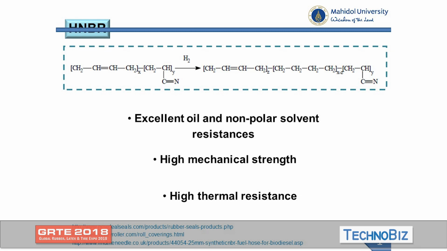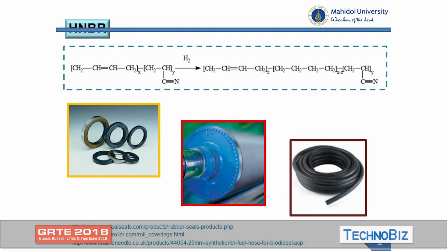Therefore, HNBR possesses many advantages, for example, excellent oil and nonpolar solvent resistance, high mechanical strength, and high thermal resistance. And therefore, HNBR is usually utilized for the production of O-rings, rubber rolls, and tubes.